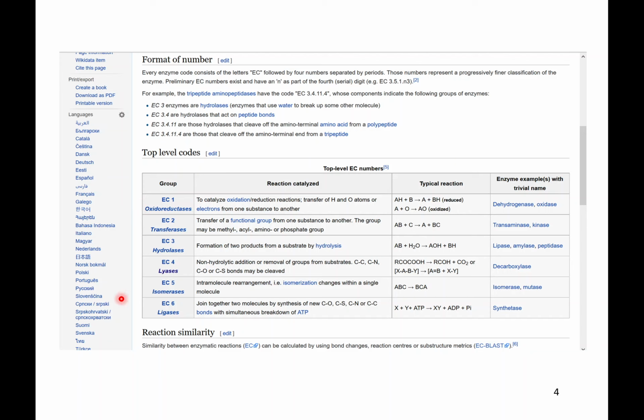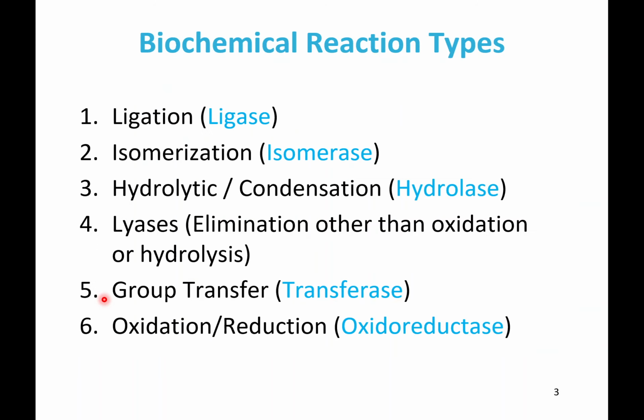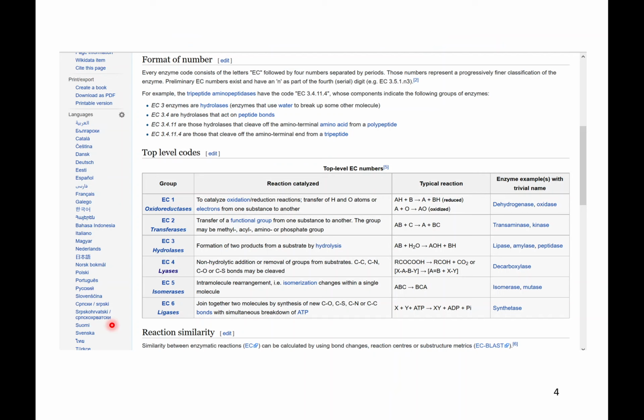They're just in a reverse order here, where class 1 is an oxidoreductase and class 6 is ligases, and we presented it in the reverse order in class. But I wanted to point that out because when you see an enzyme, you'll see the EC and then certain numbers after it to tell you what type of enzyme it is. The first number in there is telling you the type of reaction it catalyzes.